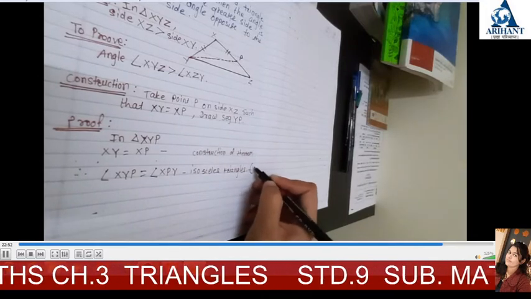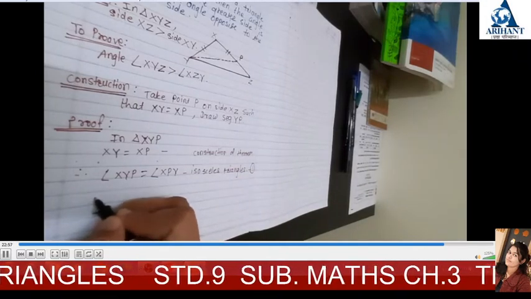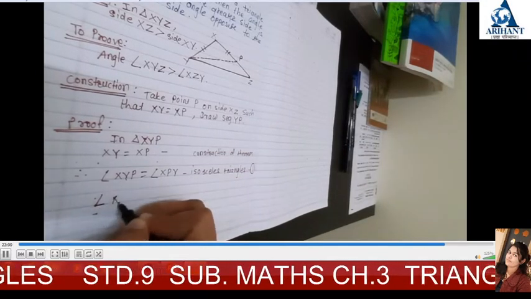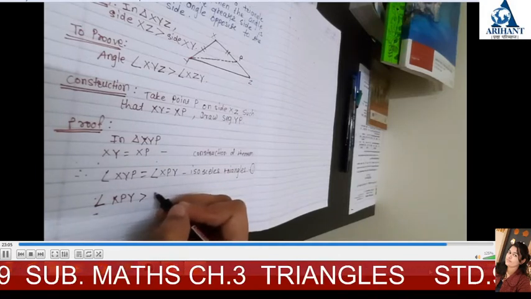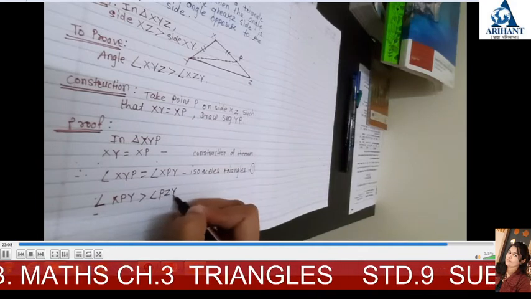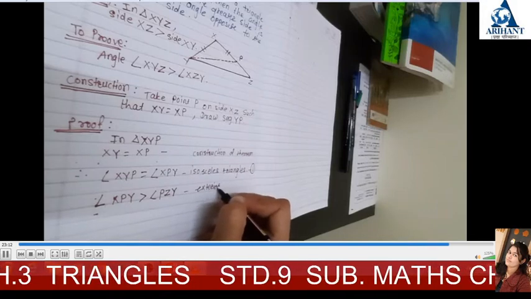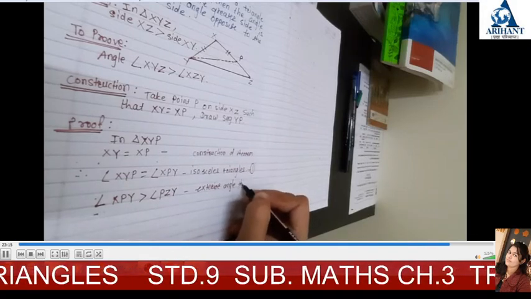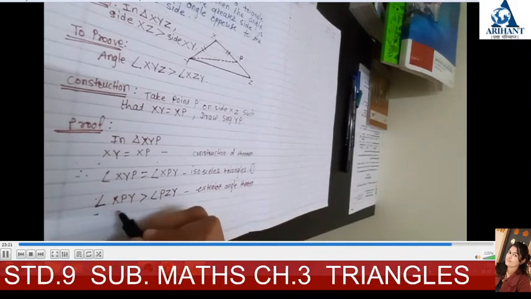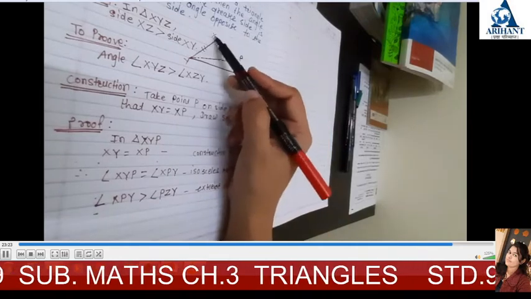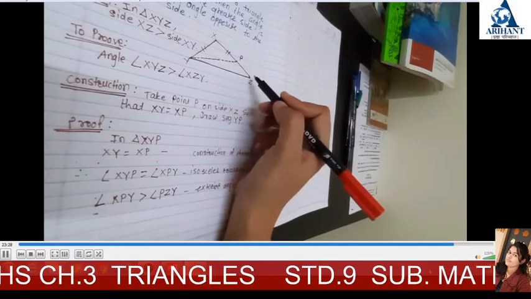Let's give one number for this equation. So next, angle XPY is greater than angle PZY, because of the exterior angle theorem. We know the exterior angle theorem, that's why angle XPY is greater than angle PZY.